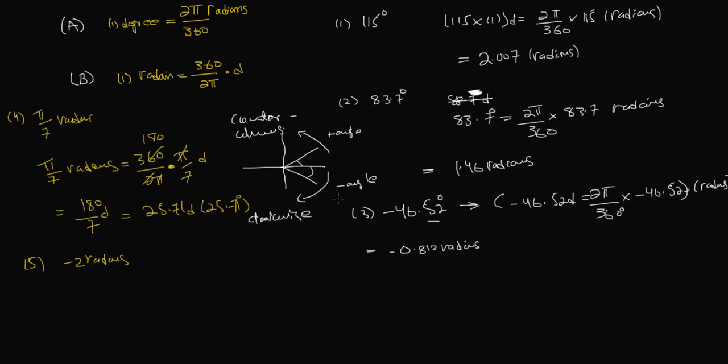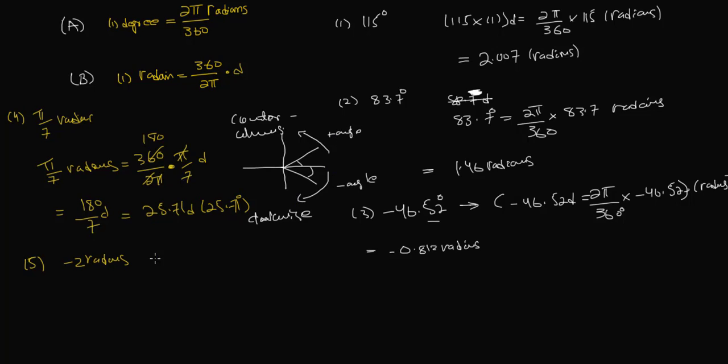So all the negative angles are in clockwise directions, and the positive angles are in the counterclockwise direction. So the angle of -2 radians is in the opposite direction to the positive direction. So it's in this direction.